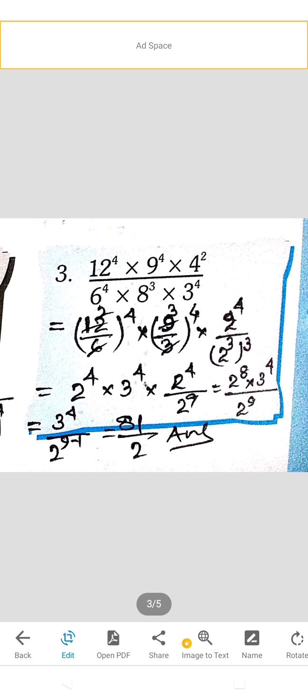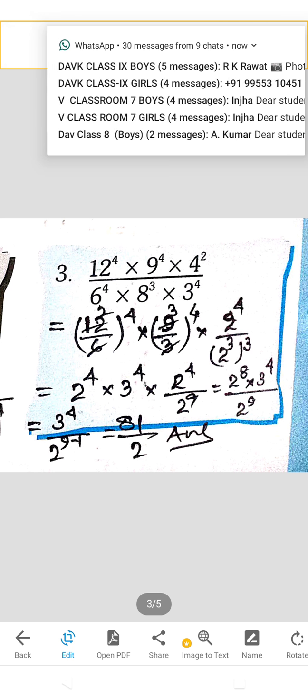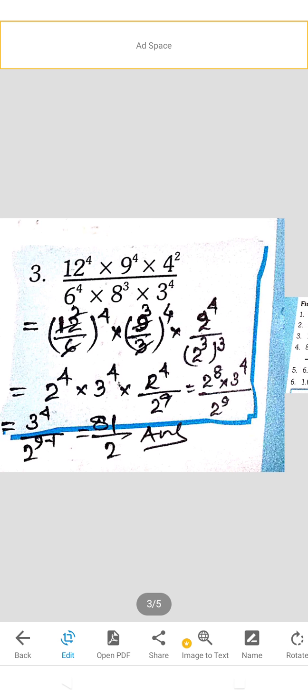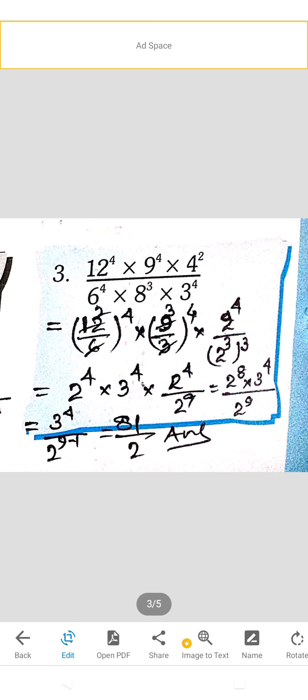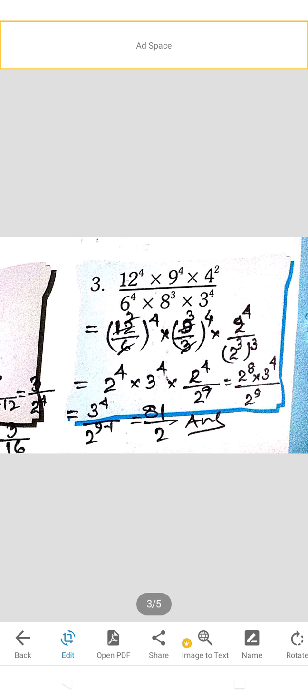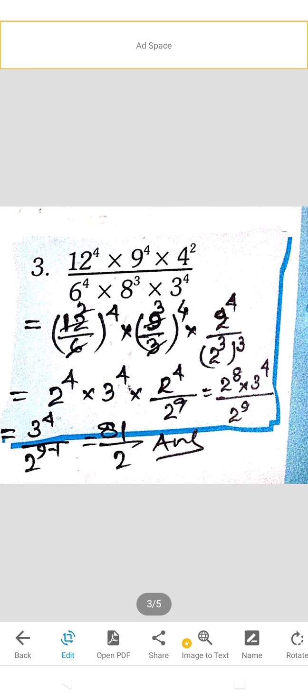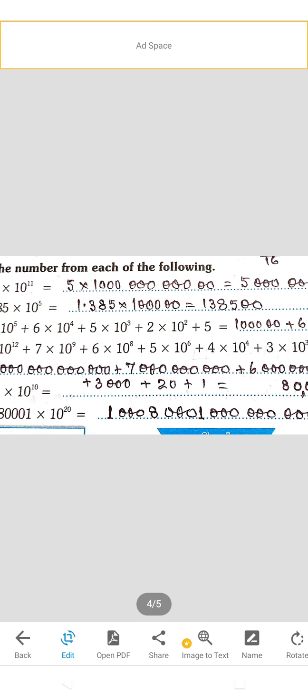So 3 raised to the power 4 by 2 raised to the power 9 minus 8, that is 1. So 3 raised to the power 4 means 3 multiply 3 multiply 3 multiply 3, that is 81 by 9 minus 8 equal to 1. So your answer is 81 by 2.